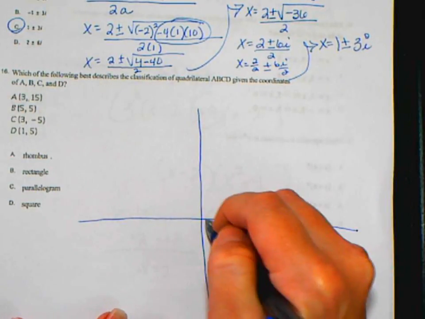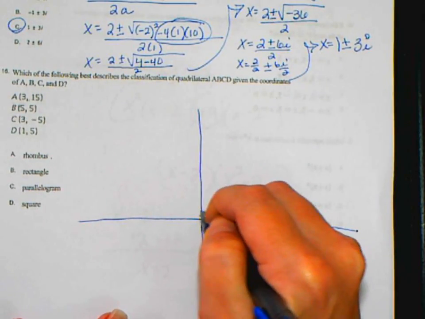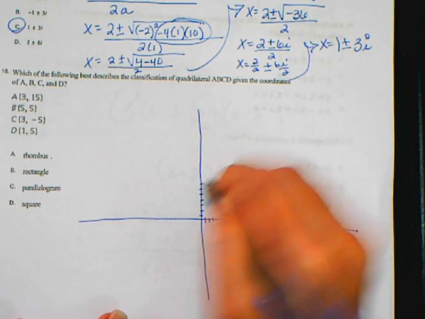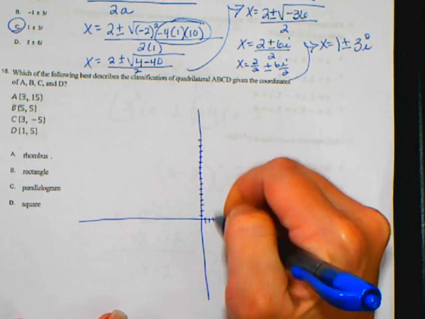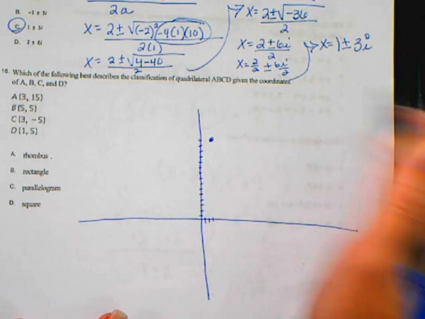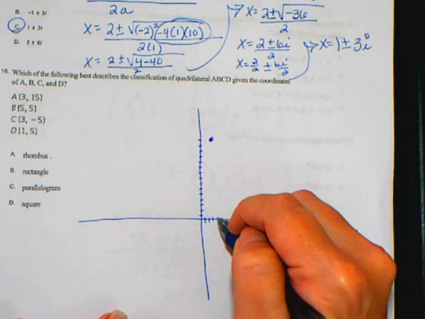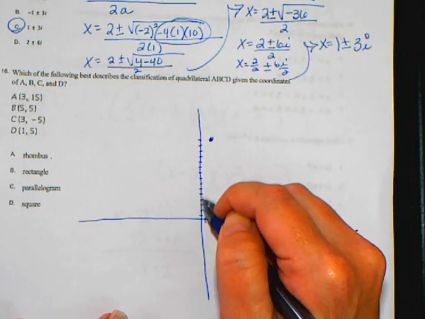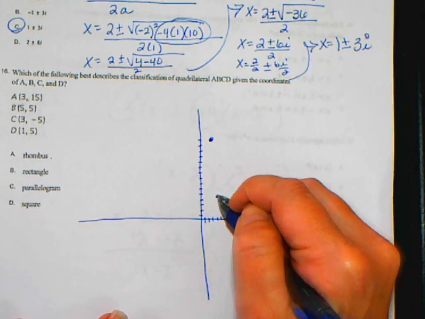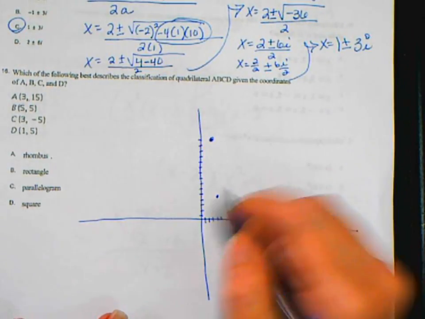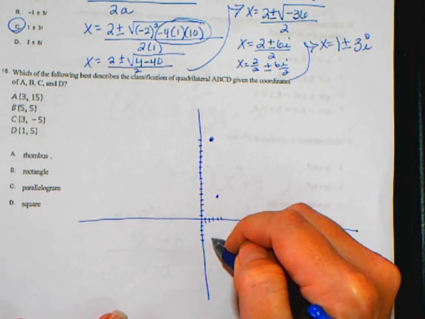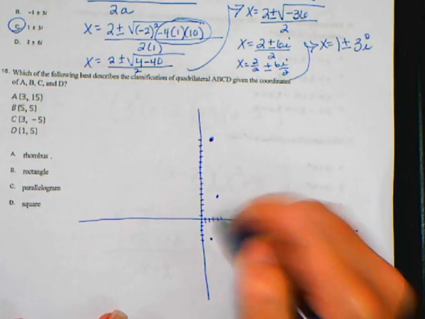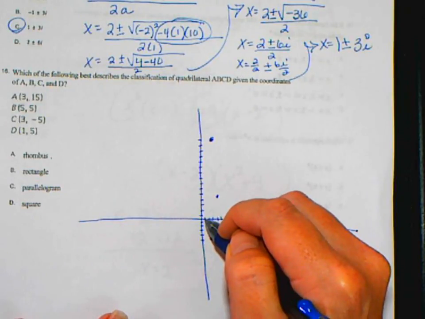So I graph the points: 3, 1, 5; 5 comma 5; 3 comma negative 5; and 1 comma 5.